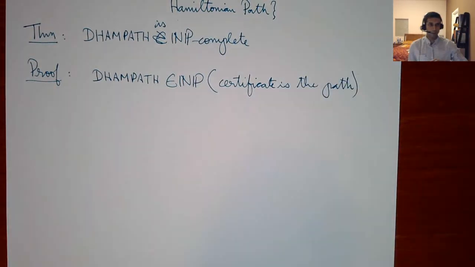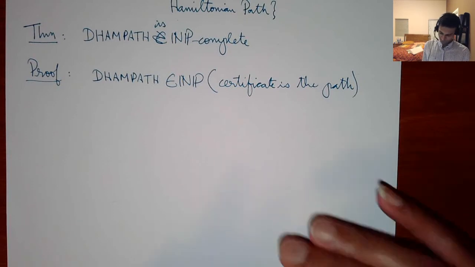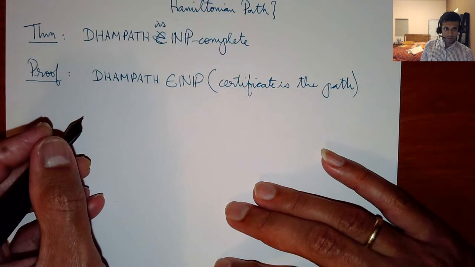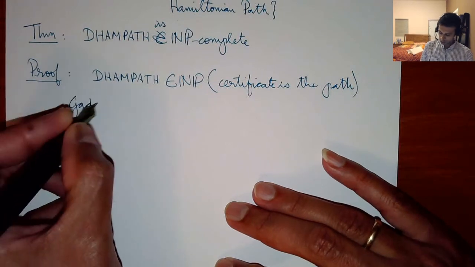Right? If you're given a potential path, you can easily check if this is a Hamiltonian path. Just check if all of those are edges, it doesn't visit itself, and it visits all vertices. Now for the construction, we're going to do something called a gadget construction.